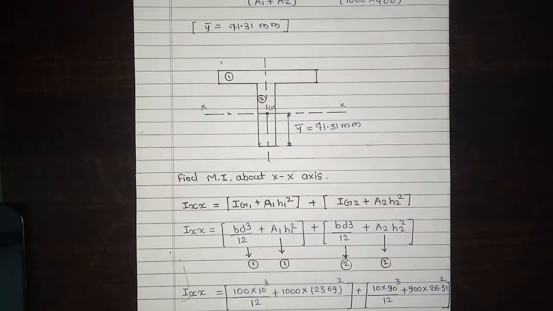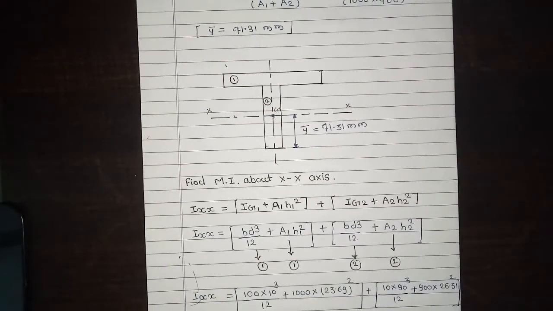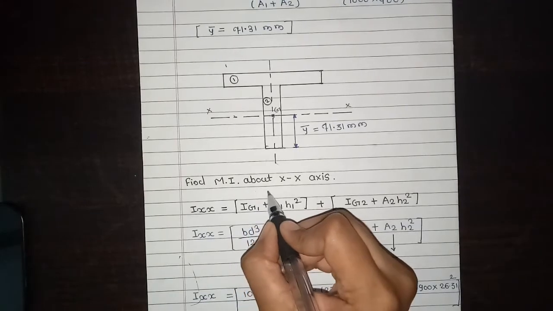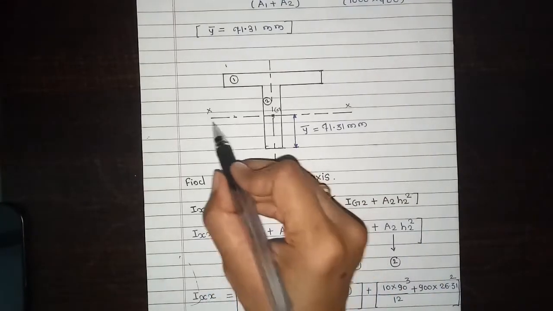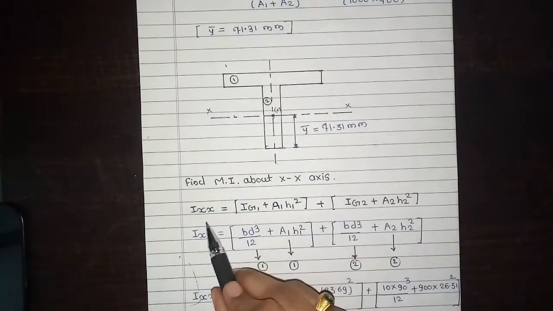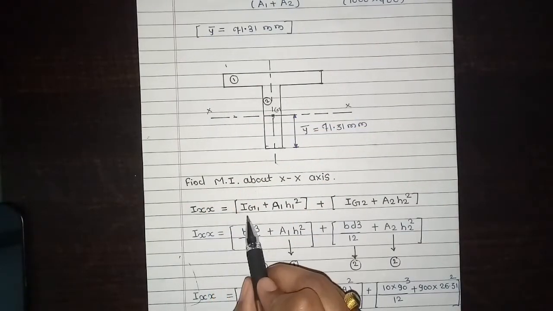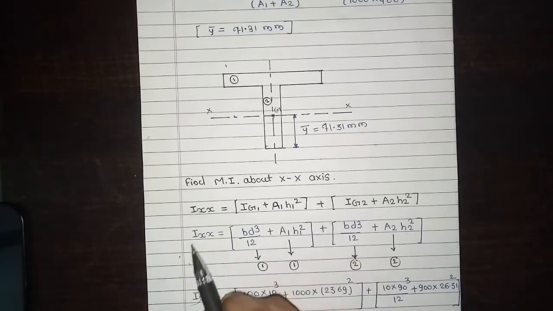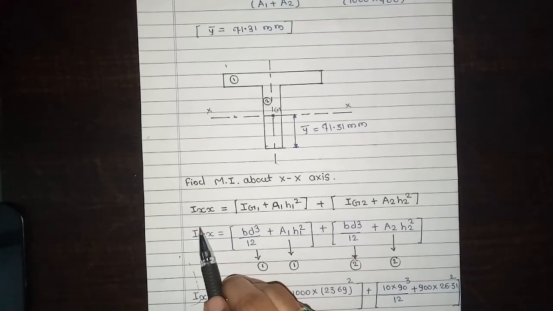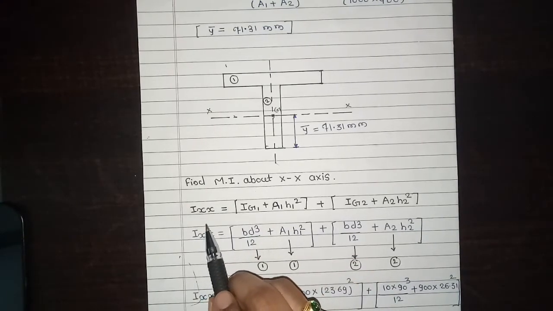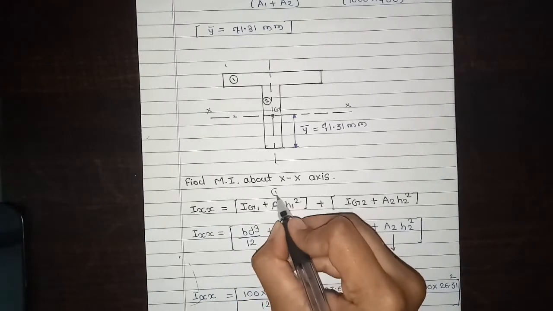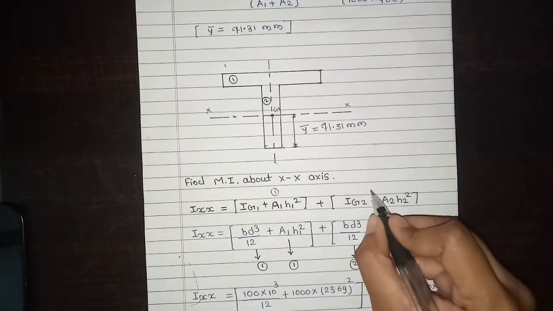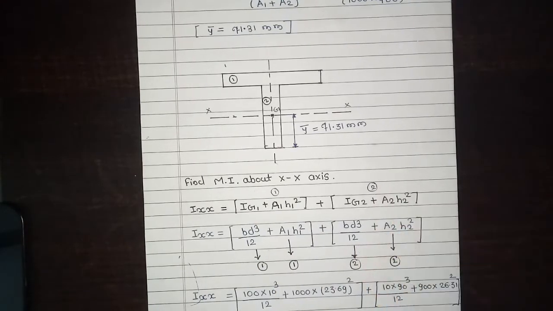First of all, we have to calculate the moment of inertia about the x-axis by applying the parallel axis theorem: Ixx is equal to Ig plus AH square. This is the formula for section number 1 and for section number 2.